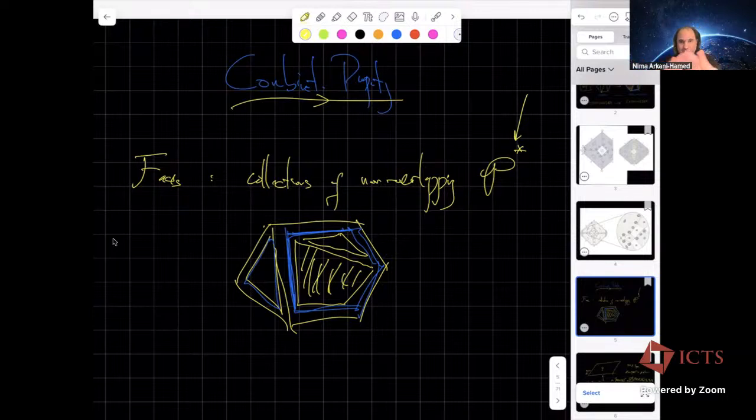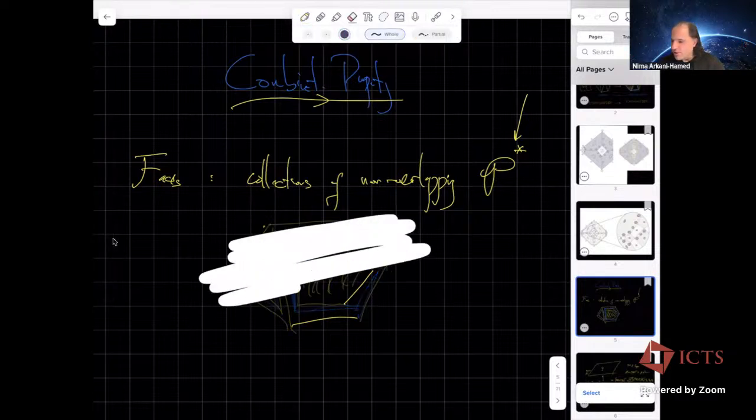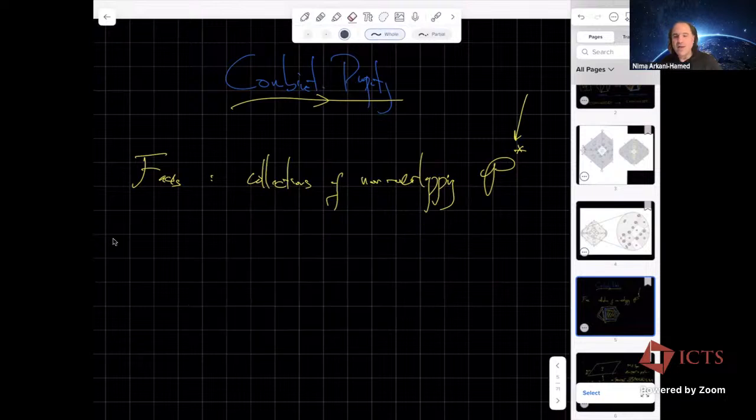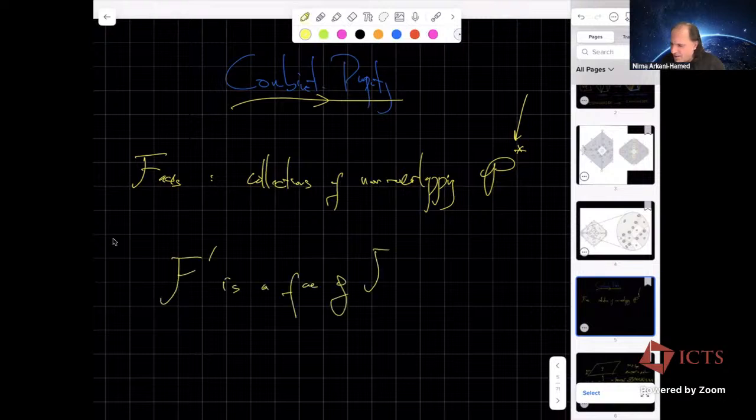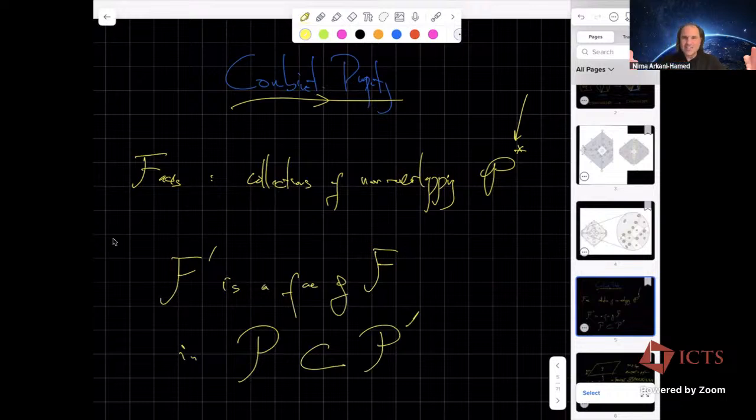With that rule, the faces are associated with collections of non-overlapping subpolygons, and F prime is a face of F if this collection P is a strict subset of the collection P prime. So it's exactly the same combinatorics with non-overlapping chords replaced by non-overlapping subpolygons.